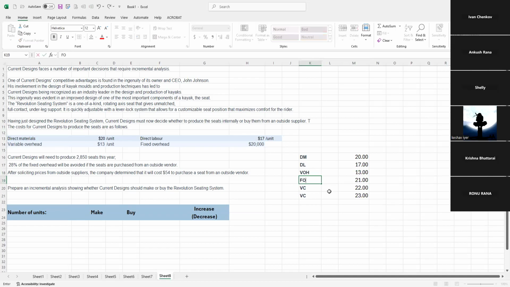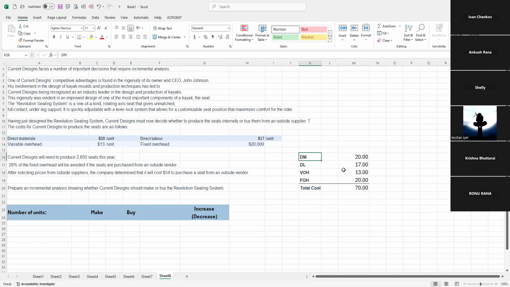And then we have fixed overhead. How much is that? 20,000. So those two will disappear. How much is my total cost? Fixed overhead is 20,000 overall. Overall is 70, correct?